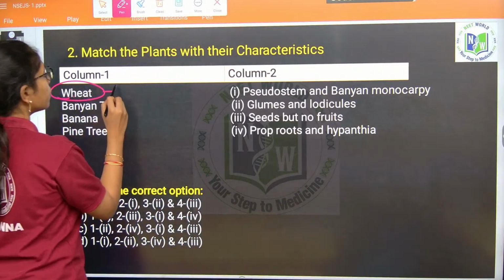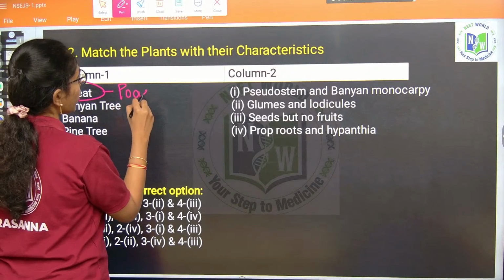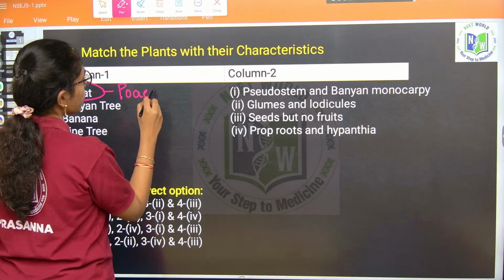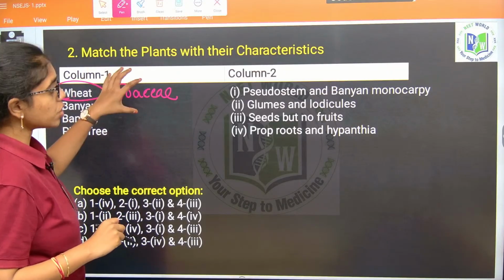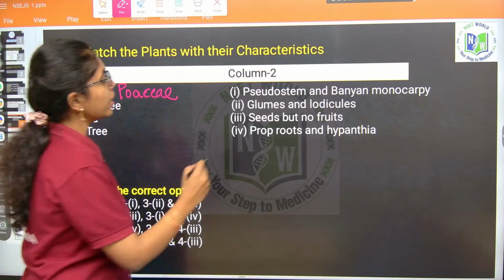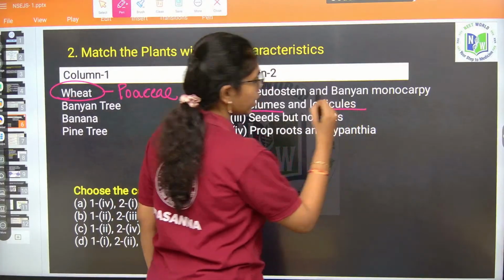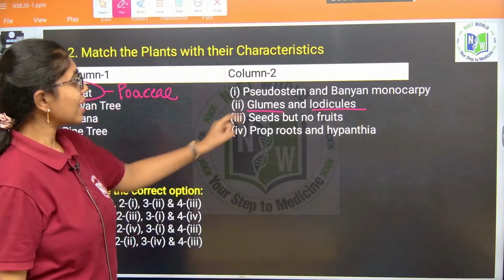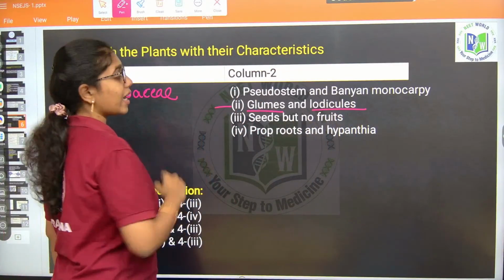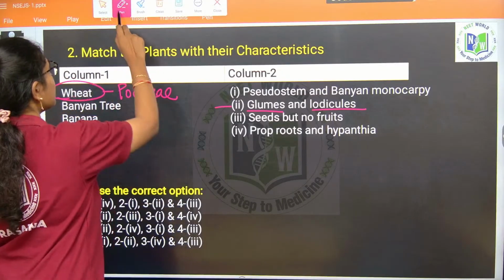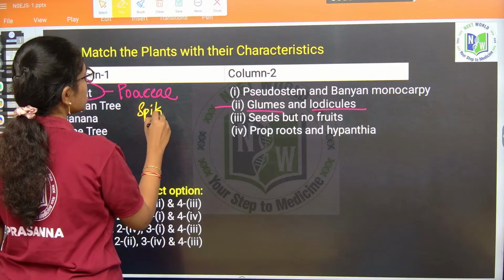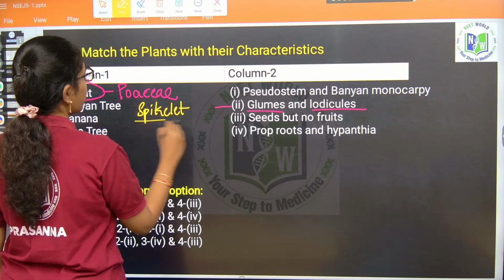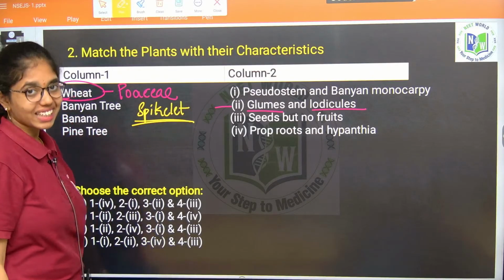Poaceae family. In this family they will be having glumes and lodicules. What type of inflorescence do Poaceae members have? Poaceae members will have spikelet inflorescence.